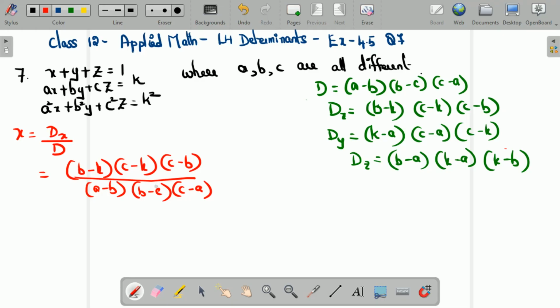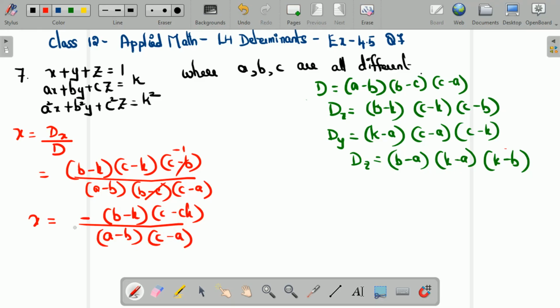This is the only term you could strike out, but you will get a minus 1 sign. You can either take it into the denominator so that you can write it nicely, or leave the minus sign as such. So x is equal to minus of b minus k into c minus k, the whole thing divided by a minus b into c minus a.